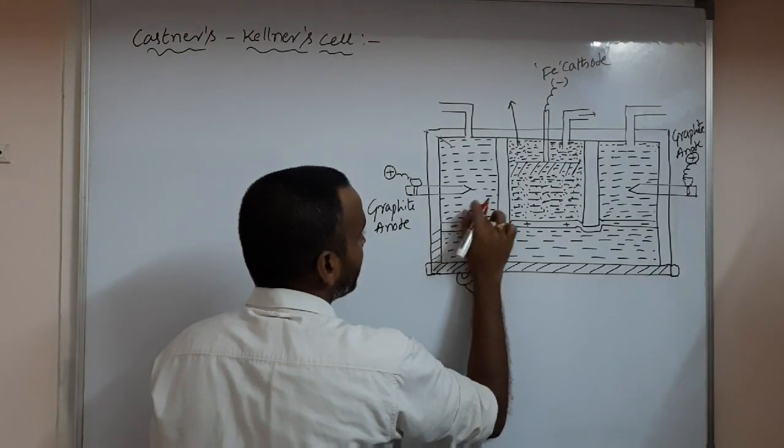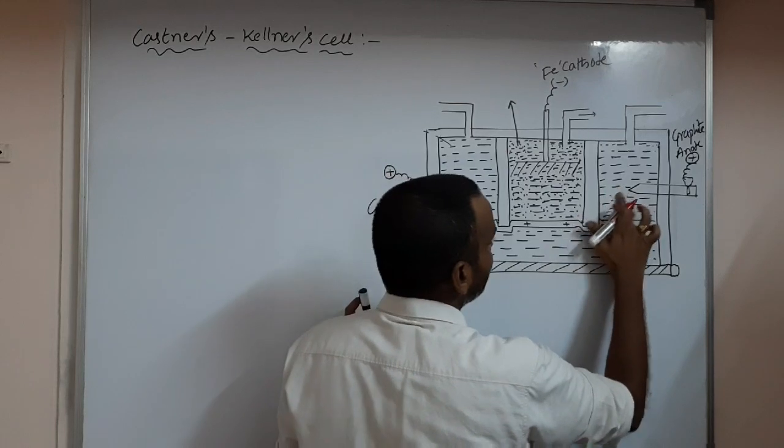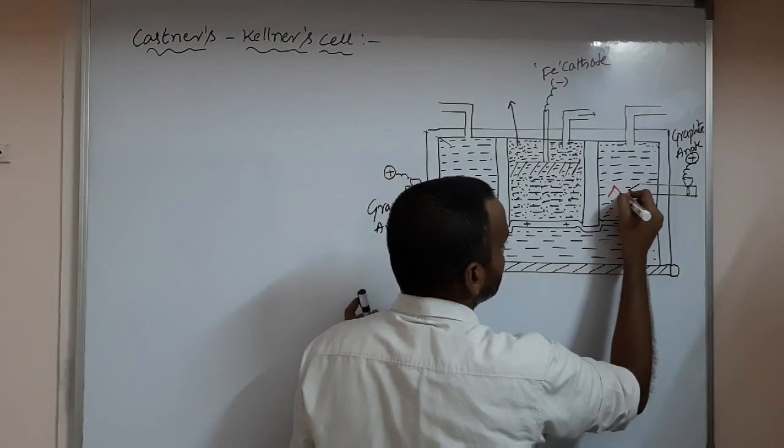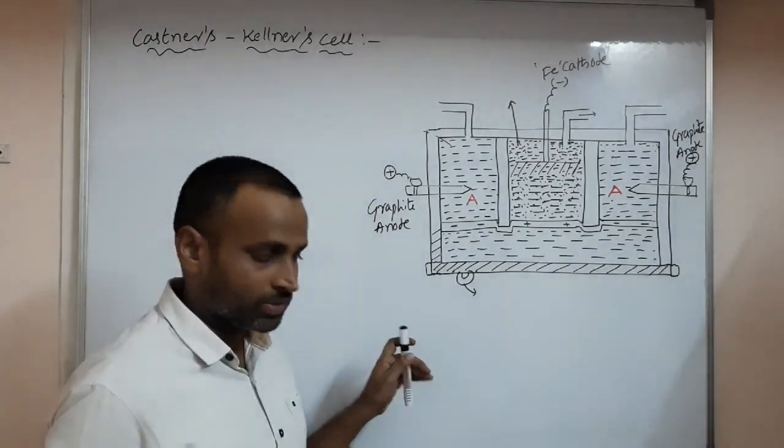This is compartment A. And the similar, identical one, this is also compartment A. Why two compartments, sir? To get more quantity of sodium hydroxide.